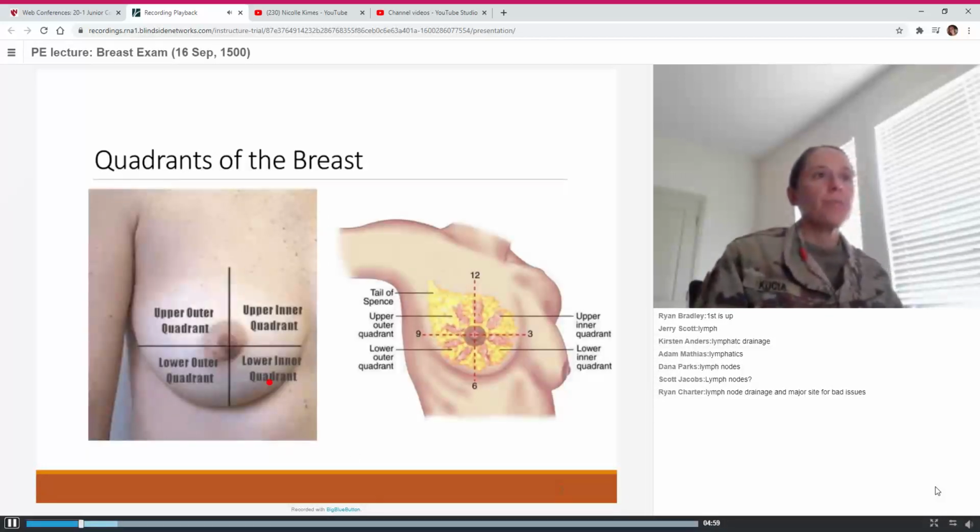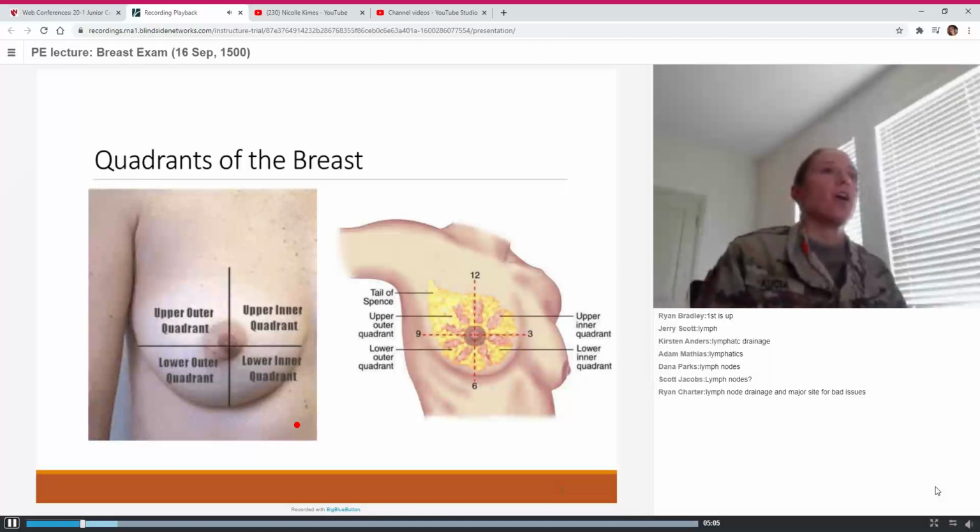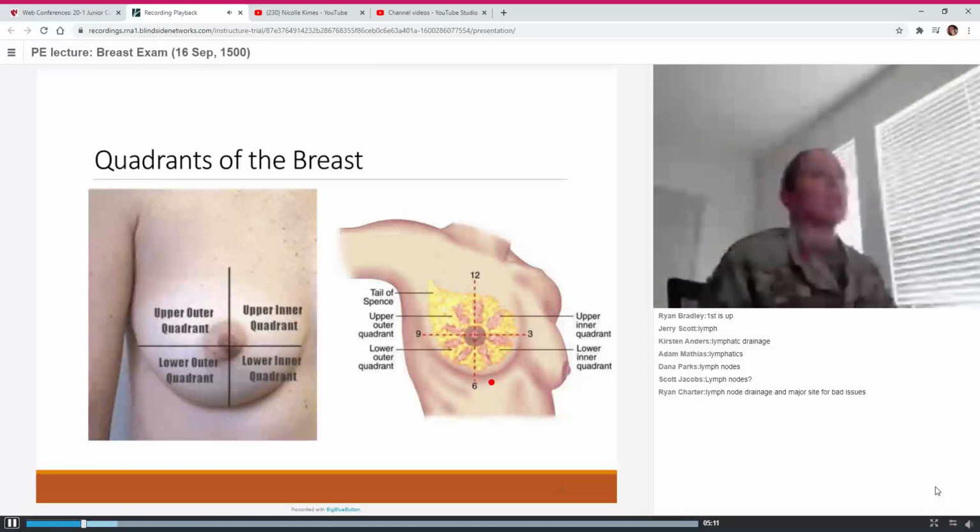But you guys have got it. Awesome. Just like everything else that we've learned in IPAP, we have to split things into quadrants or zones. With the breast, that's super important in terms of documentation. So we have a breast here: upper outer, upper inner, lower outer.